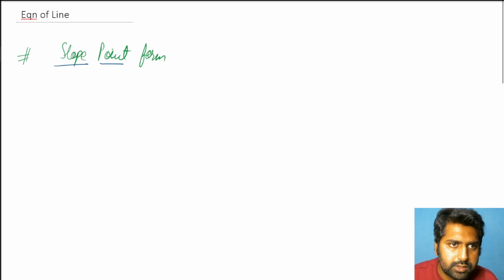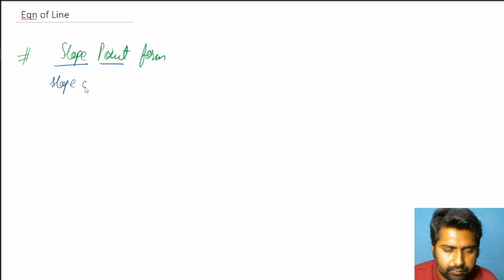Okay, so in this scenario, slope of line m is given and one passing point.